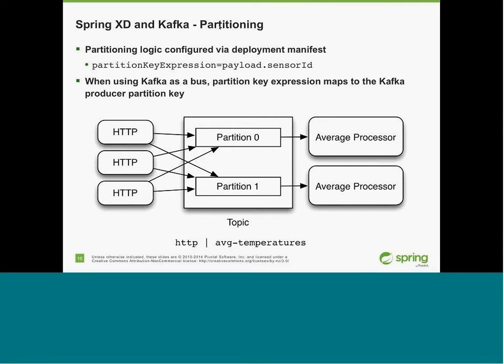So, as Mark has just mentioned earlier, you can configure different attributes of your stream. You have to configure different deployment strategies for a stream. And one of the very important characteristics of a stream is partitioning.